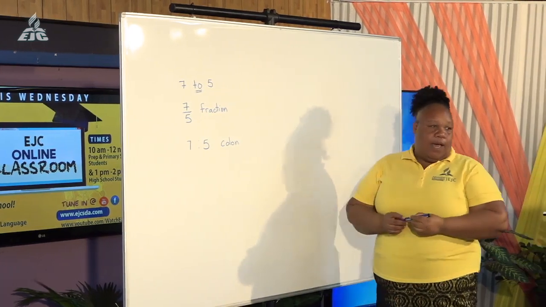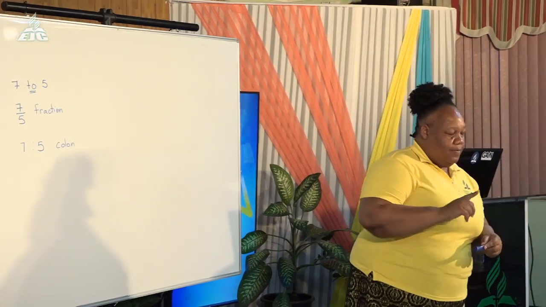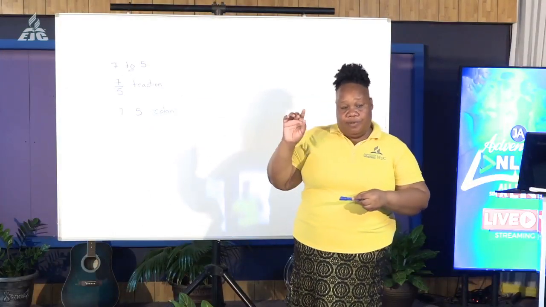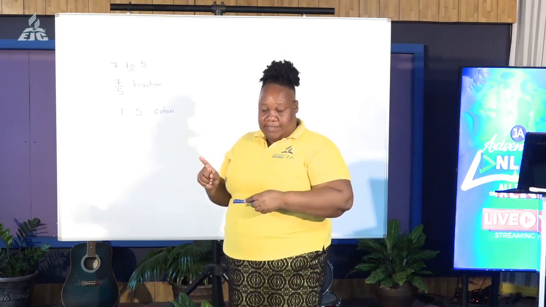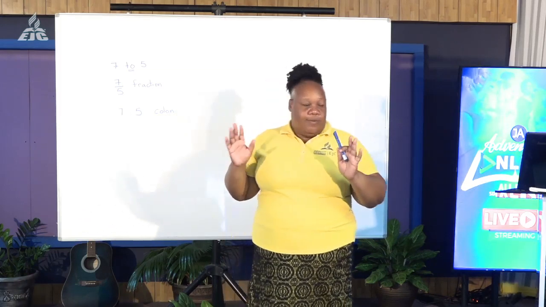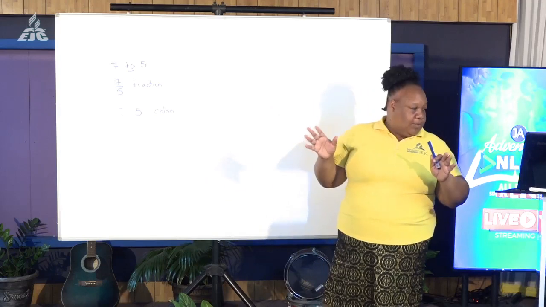I also want to point out to you students that when you're asked to write the ratio, the order in which the ratio is given is important. Please do not change the order. So we go back to our first example, circles, squares.